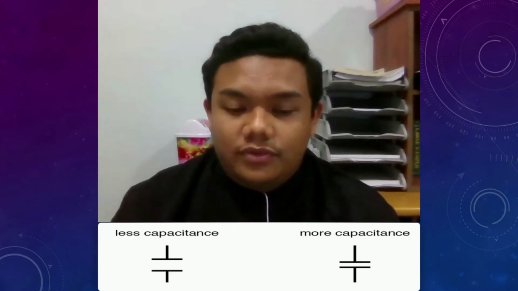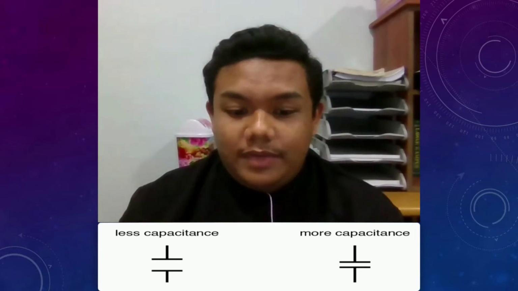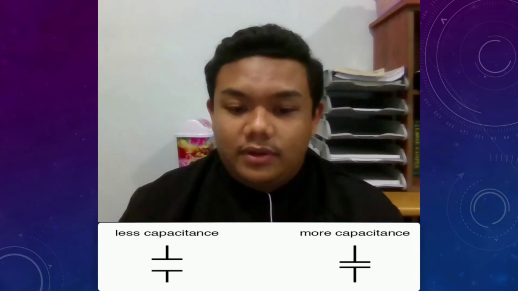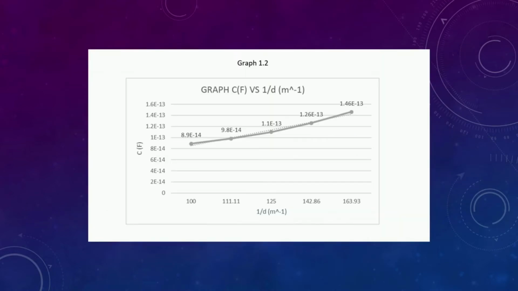And this is also vice versa: as the spacing of the plates is further, the lesser the field it will give. So that's all. For both data, the theory is proven to be correct.